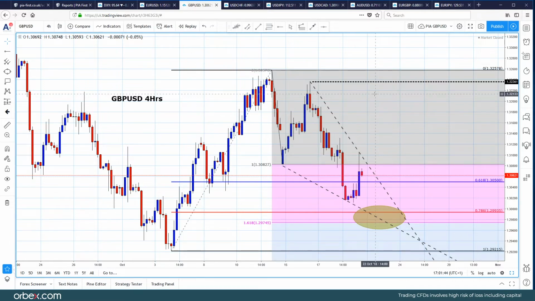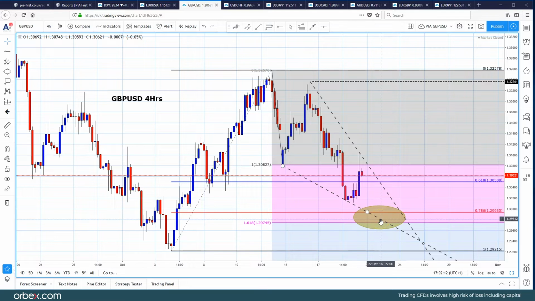Remember what we're expecting to happen in the dollar index. We're expecting rallies to be sold in the dollar index, so we're expecting dips to be bought in sterling dollar. I think around 130 the figure, if we can get down there, is going to be a very decent support level, especially with this Fibonacci confluence area coming in here, a 78.6% pullback and a 161.8% extension.